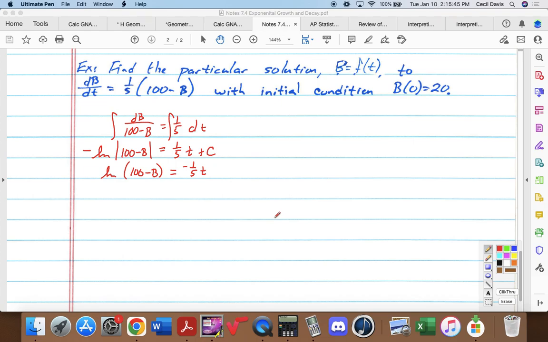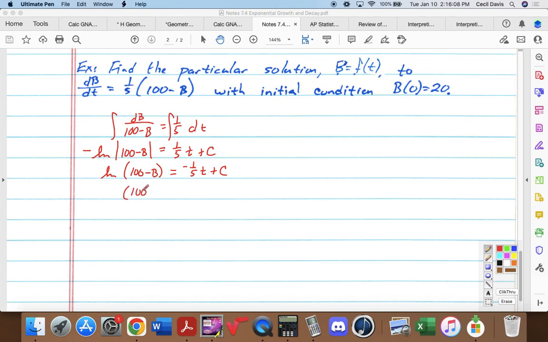And if you really want to make it minus c, you can. But if you divide c by negative 1, well, you just have made it a new constant. So again, if you really want to make it minus c, you can, but it's not worth the time, I don't think. So now we'll use both of these as an exponent on e.